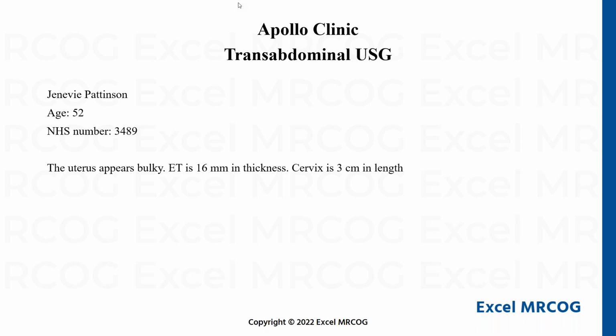Further investigations: I would first examine her in the presence of a chaperone, with her consent. I would check her pallor and blood pressure, and examine her abdomen, then a per speculum examination to look for any local abnormalities of the cervix, and a per vaginal examination for uterine size and any masses.